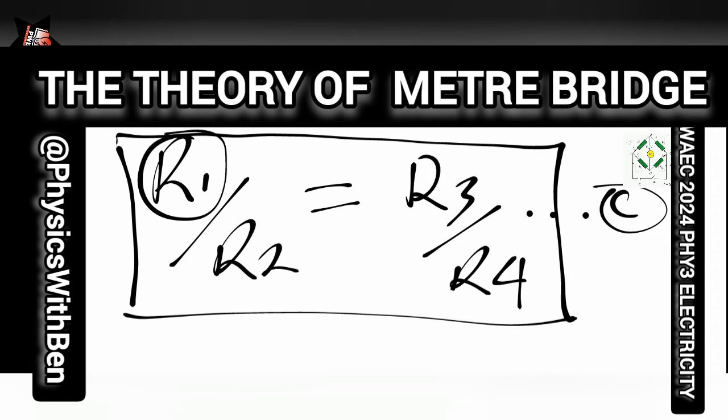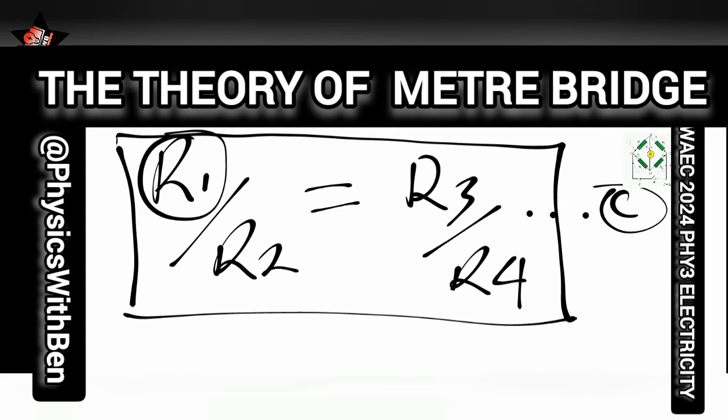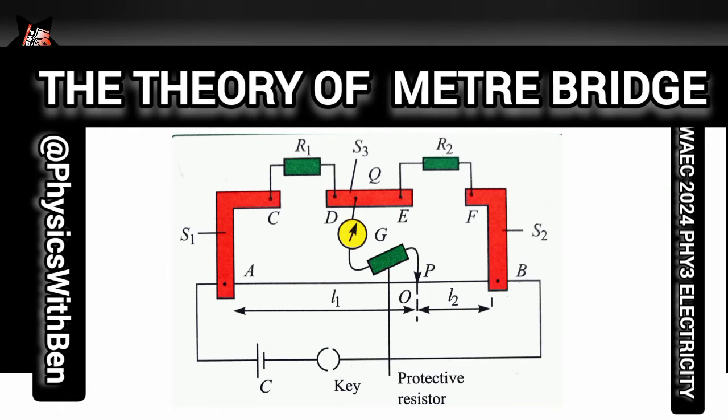Now, having understood the working principle of the Wheatstone Bridge, let us look at the Metre Bridge. The Metre Bridge is defined as the practical arrangement of the Wheatstone Bridge. The Metre Bridge works with the principle of the Wheatstone Bridge to measure an unknown resistance. This is what the Metre Bridge is, and beside you is the picture of the Metre Bridge.